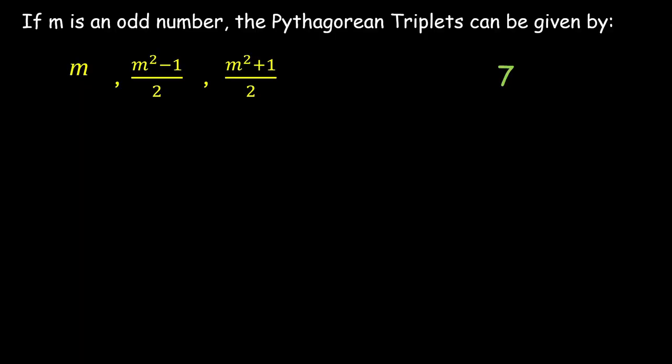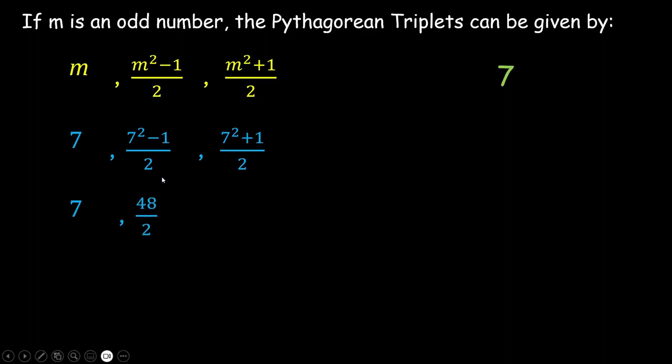So here one of the triplet is given, so m is 7, one triplet, it's already given, done. So next will be (7 square minus 1) by 2 and (7 square plus 1) by 2, which is 7 square is 49 minus 1, 48 by 2 and 49 plus 1, 50 by 2. So the triplets are 7, 24 and 25 and we get it.